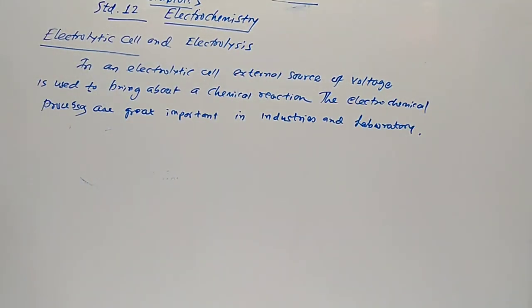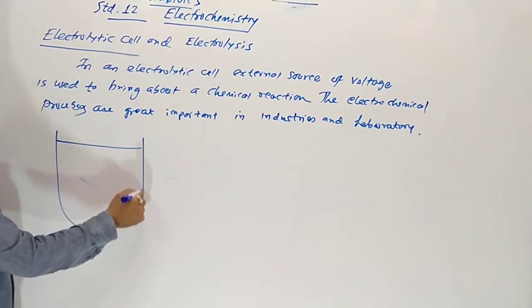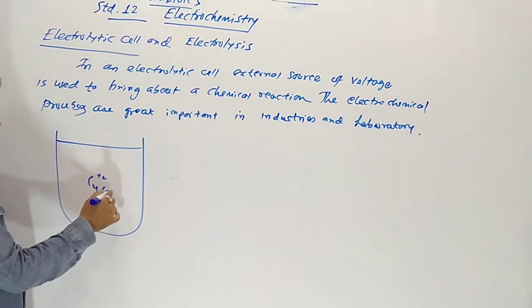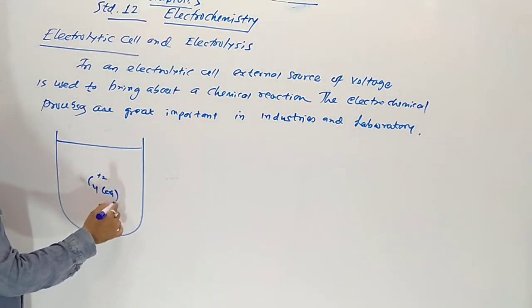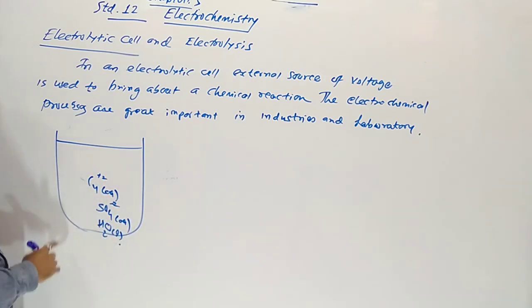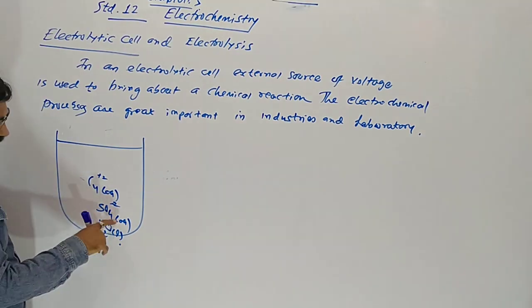Clear? One of the simplest electrolytic cells consists of two copper strips dipping in an aqueous solution. I am giving you an example. We take a solution of copper sulfate, which is aqueous, so it is made in water.